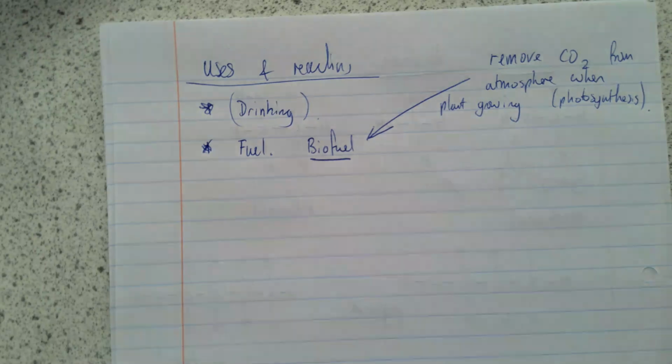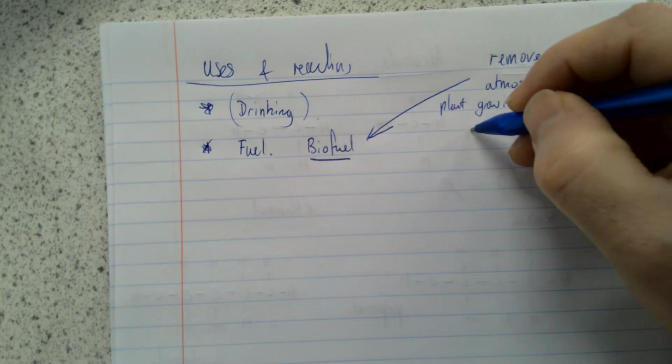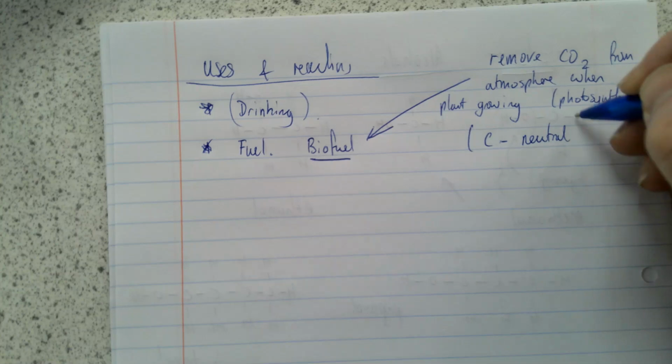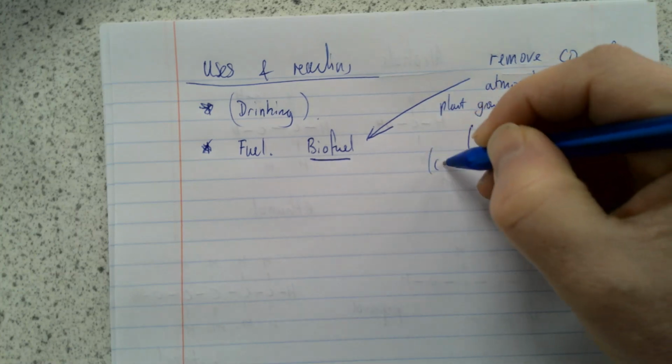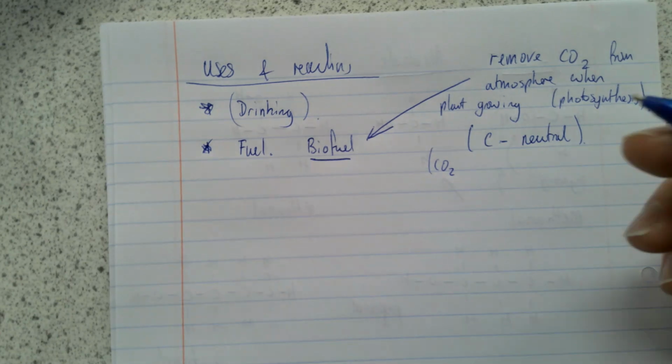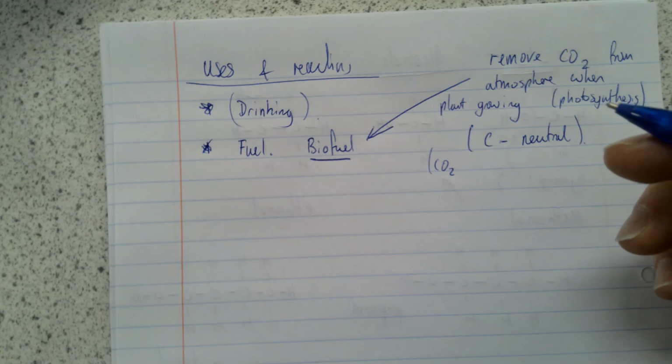And when you burn the biofuel, you do still release carbon dioxide, but overall we say that it's carbon neutral. So CO2 is released when you burn. Some people think, in fact most of my year 13s in their mock this week thought that CO2 is not released from biofuels. Of course it is.